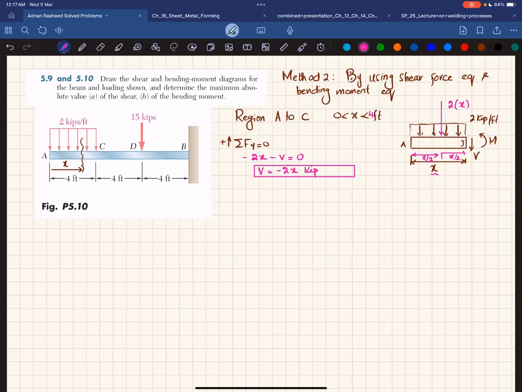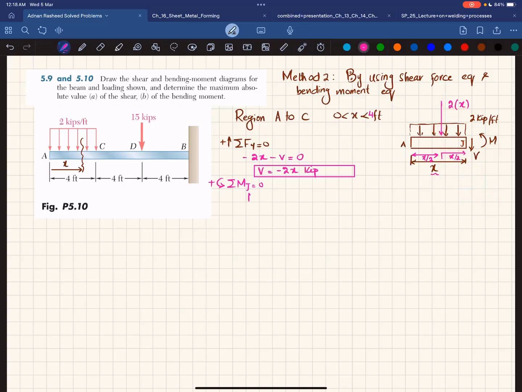Again, the moment M can be obtained by using sum of all moments about point J is equal to 0, and taking the counterclockwise moment as positive. So about point J, the first moment is due to this 2x and the perpendicular distance is x by 2, and it is producing counterclockwise moment, so it will be positive. And the second is reaction moment, which is also counterclockwise, so that is also positive.